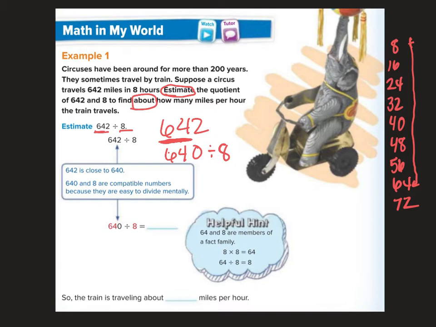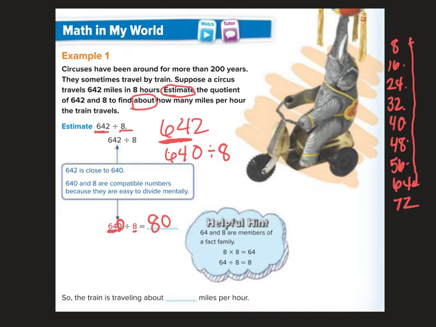So that's what I'm going to do: 640 divided by 8. Then I just have to look at, oh hey, look, 64 divided by 8 is 1, 2, 3, 4, 5, 6, 7, 8. It's 8. And this is 64 with a 0, so I need an 8 with a 0. I need to multiply it by 10 to get 80.